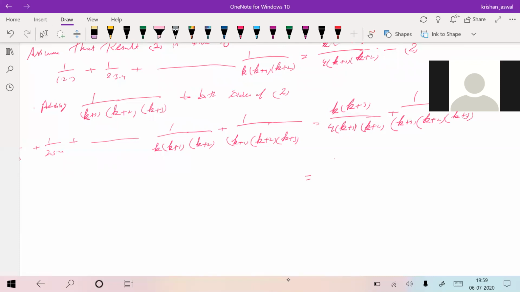What terms are common? k plus 1 and k plus 2. Multiply: k into k plus 3 over 4 plus 1 over k plus 3.